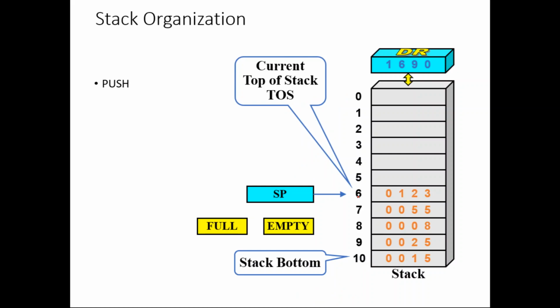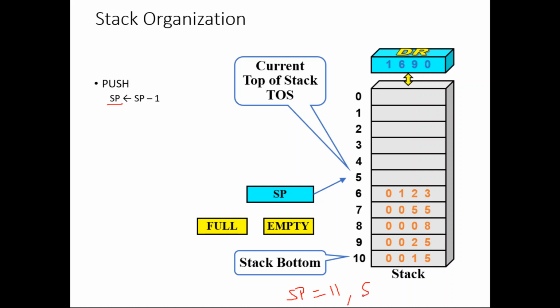And how is the logic for push? Let us say there is a stack pointer. Initially when the stack is empty, instead of top we are using SP. SP will be 11 in this case, because the stack is empty. But before pushing, what you have to do is SP = SP - 1.